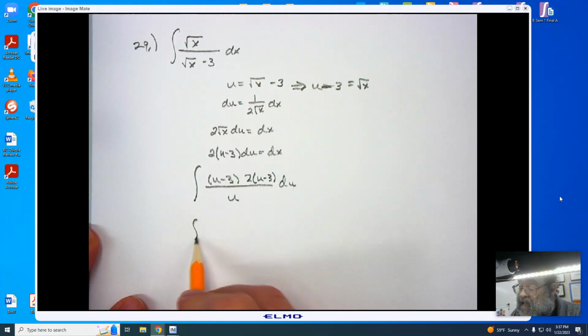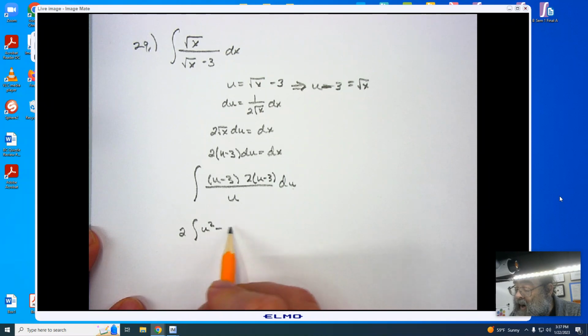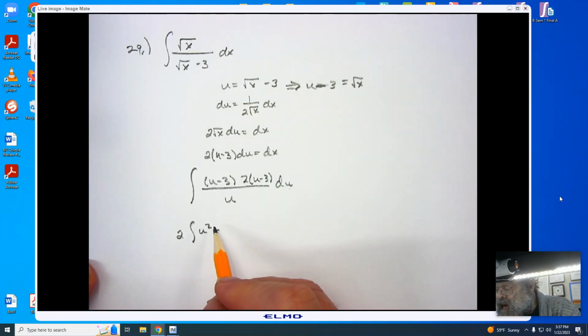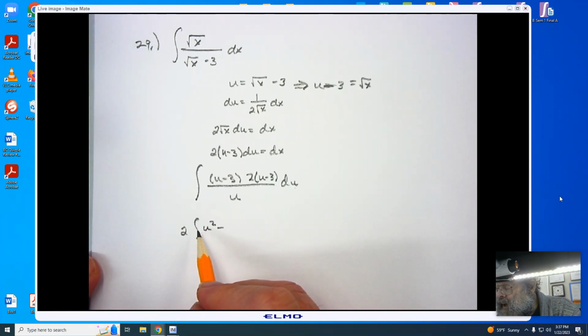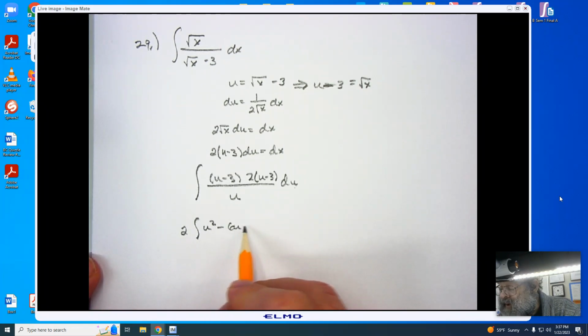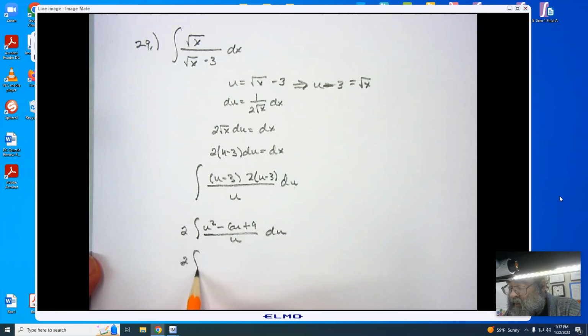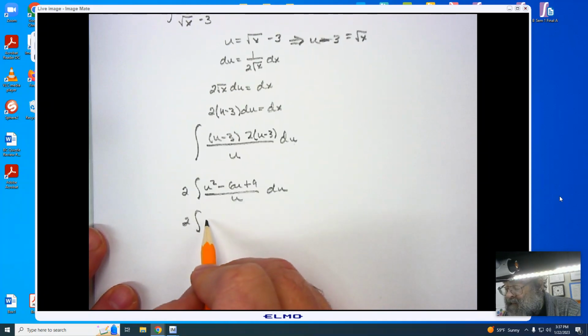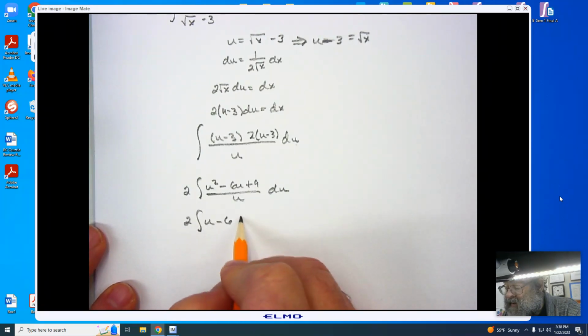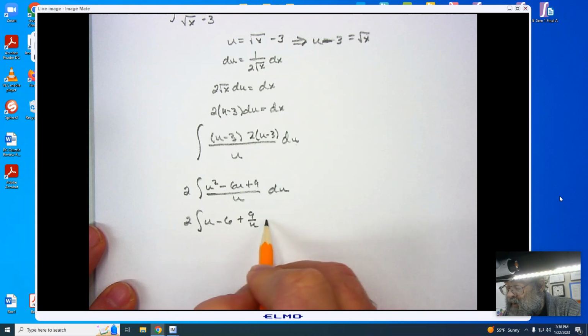I'm going to have to simplify this now. So I have the 2 coming out. I have u squared minus, and let's just make sure that I have everything I should. Yes, I do. Minus 6u plus 9 all over u du. 2 times u minus 6 plus 9 over u du.